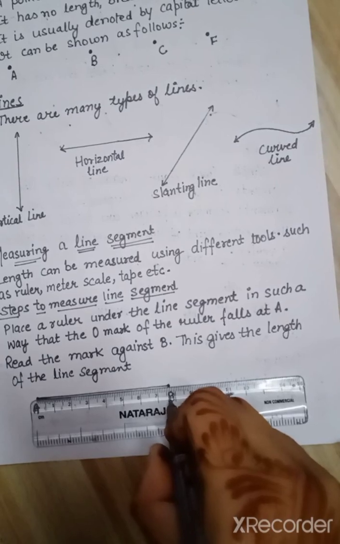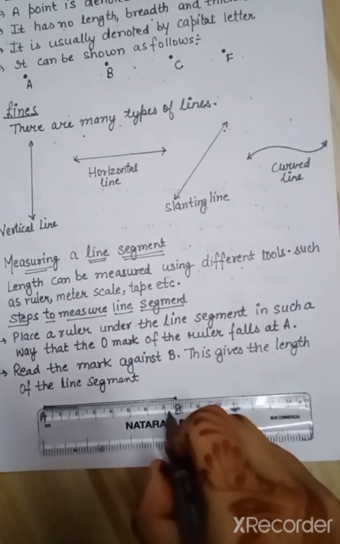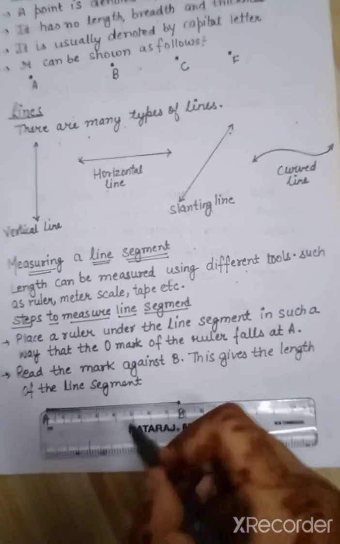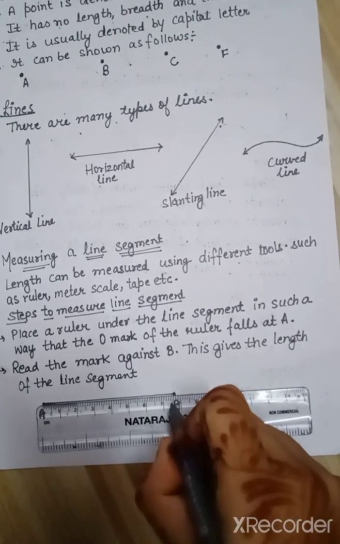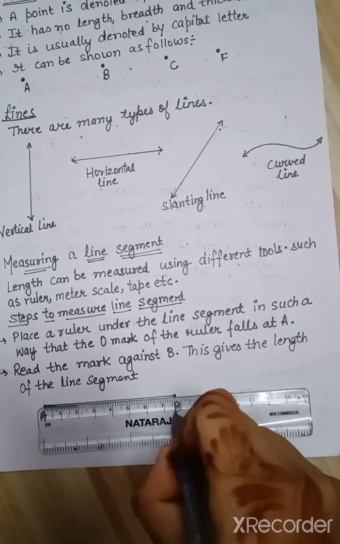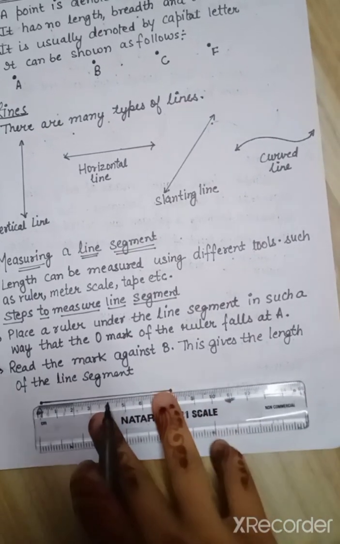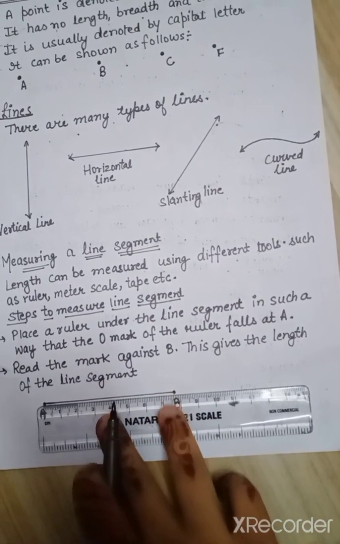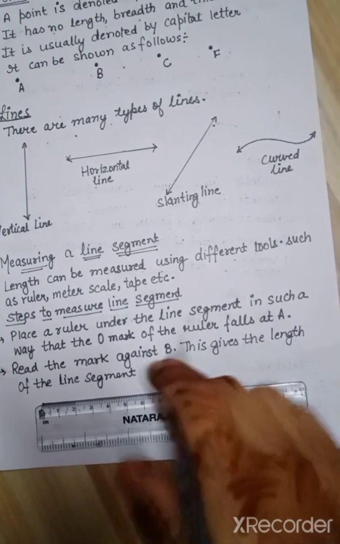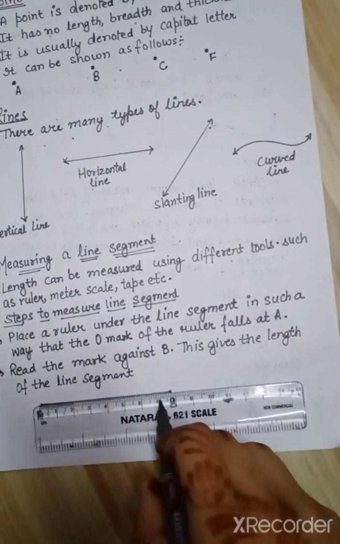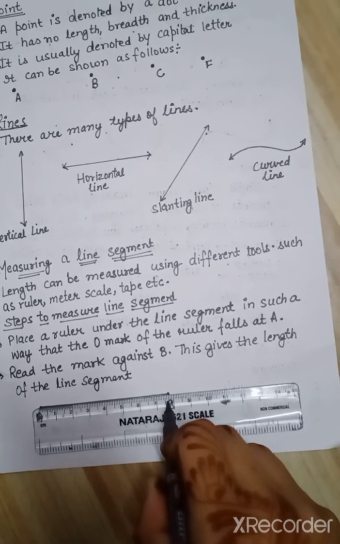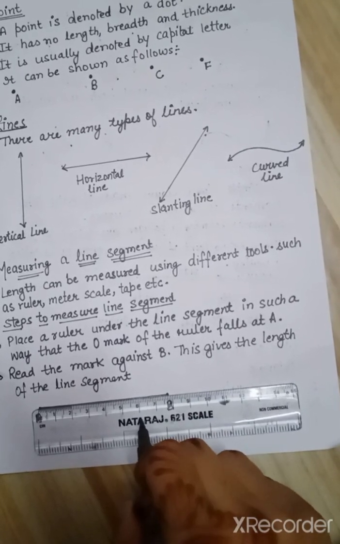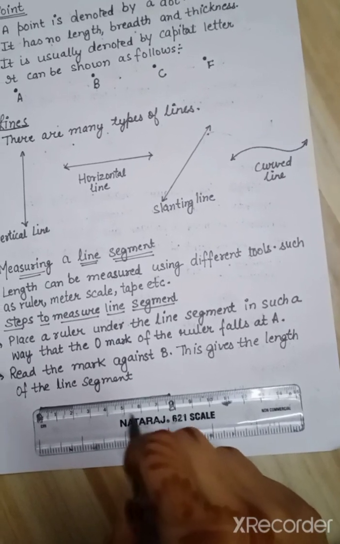Now how to do it? I can write 5 by 7 like this: 4 plus 5 by 7. Now I will write 7 as the common denominator, and if nothing is mentioned, I will take it as 1.